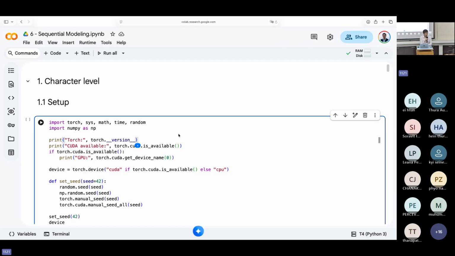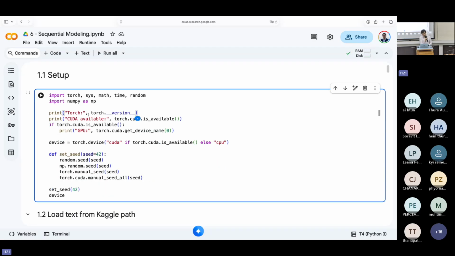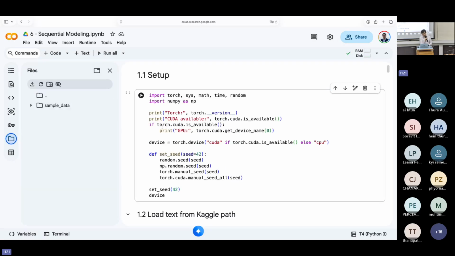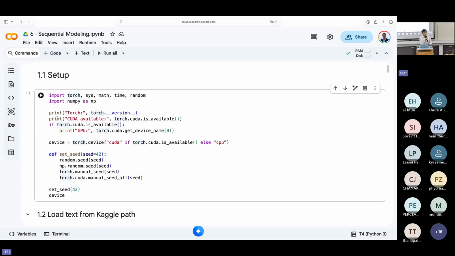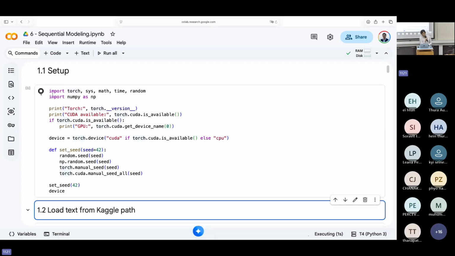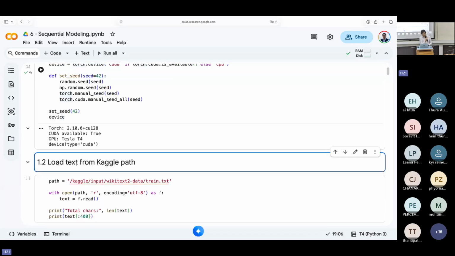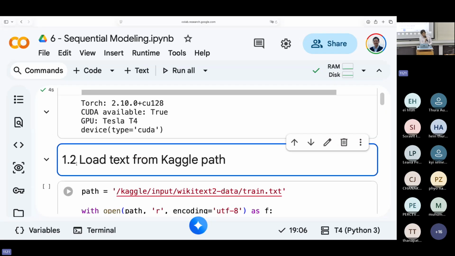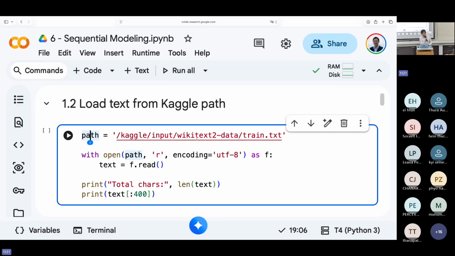For both of them, I use the Wikipedia dataset to train the model. Because Colab has pre-installed Kaggle datasets, we will use the one that is already in Colab. Okay, so initialize that to know that we use GPU here. Let me zoom in. And this is the path, Kaggle input wiki text to dash data and train.txt.